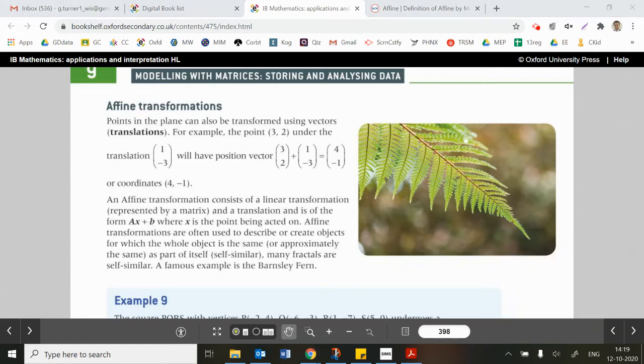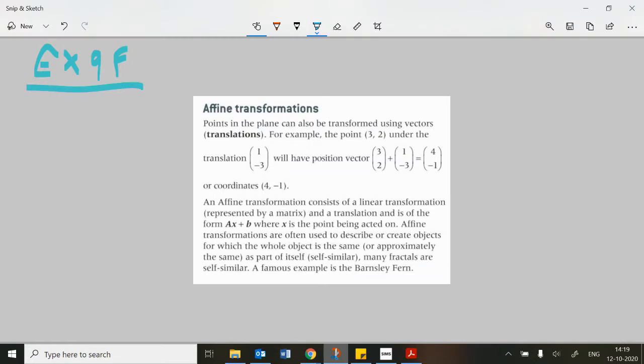I've just copied this across, and they're coming up with this kind of format here. They're saying, let's apply a matrix transformation to a particular point, and they're calling the point X. That's already a little bit complicated, because X is our point, made up of the coordinate point (x, y).